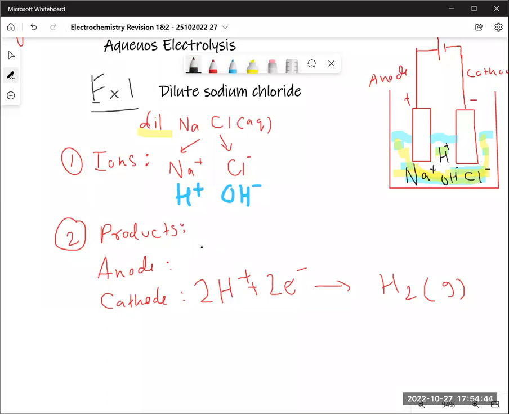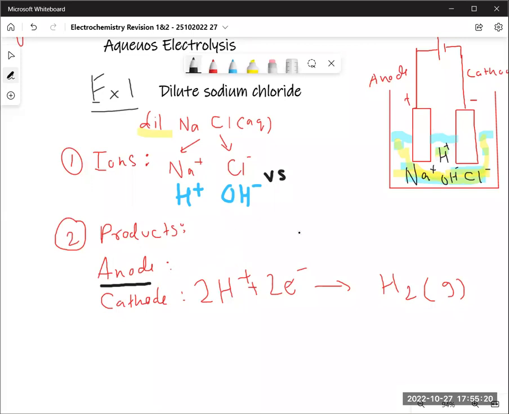Diana, tell me. What's the question, sir? The question is, what is the product at the anode? I have these two options, either Cl minus or OH minus. Which of these will go to the anode? None of them. All right, that's one answer. Najla, what do you think? The Cl minus.